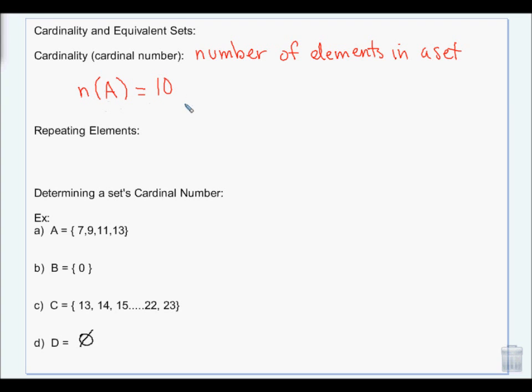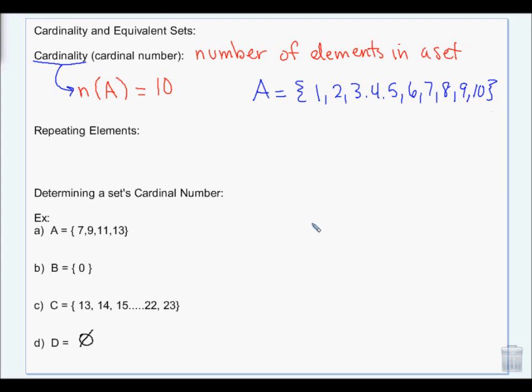So the symbol of cardinality is always the little n. This is the symbol of cardinality right here. And that would be a set, if I had some set A that had ten elements in it.